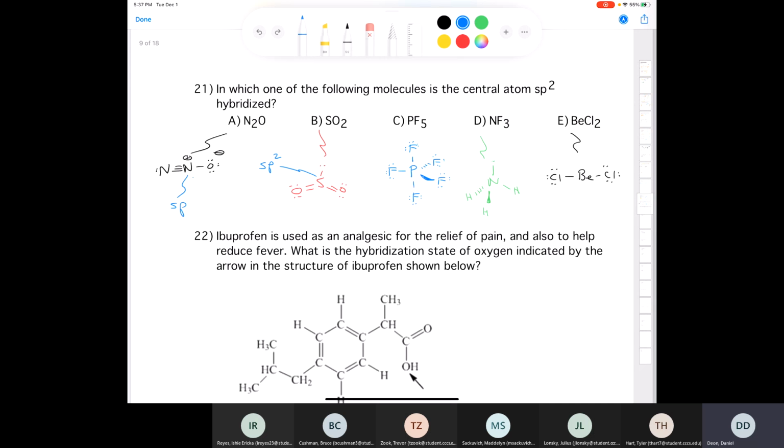The phosphorus in phosphorus pentafluoride is surrounded by 5 fluorines, so it's sp3d hybridized. The nitrogen in nitrogen trifluoride, 3 bonds, 1 lone pair, is sp3, and the beryllium here is sp hybridized. And so the answer is sulfur dioxide, since it's surrounded by 1 lone pair and 2 atoms, it is sp2 hybridized.